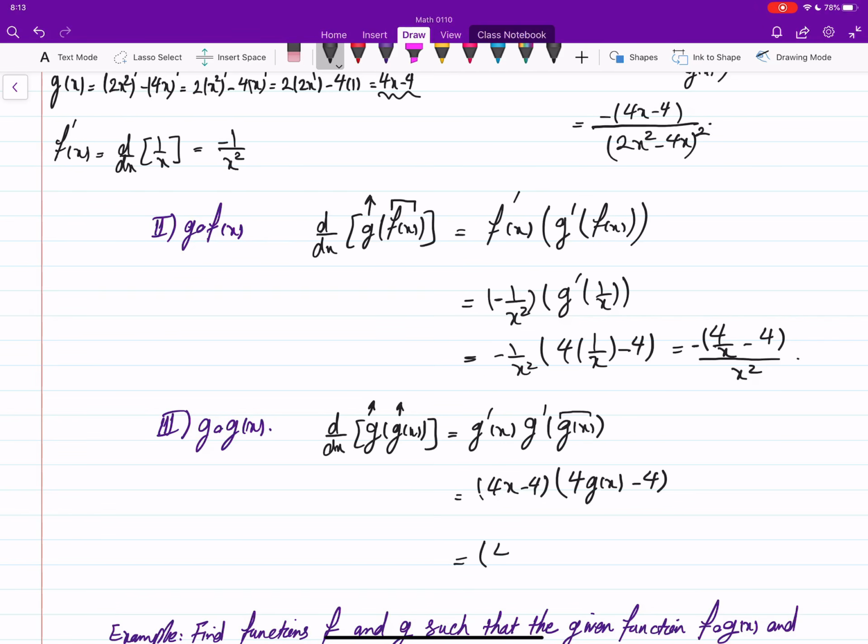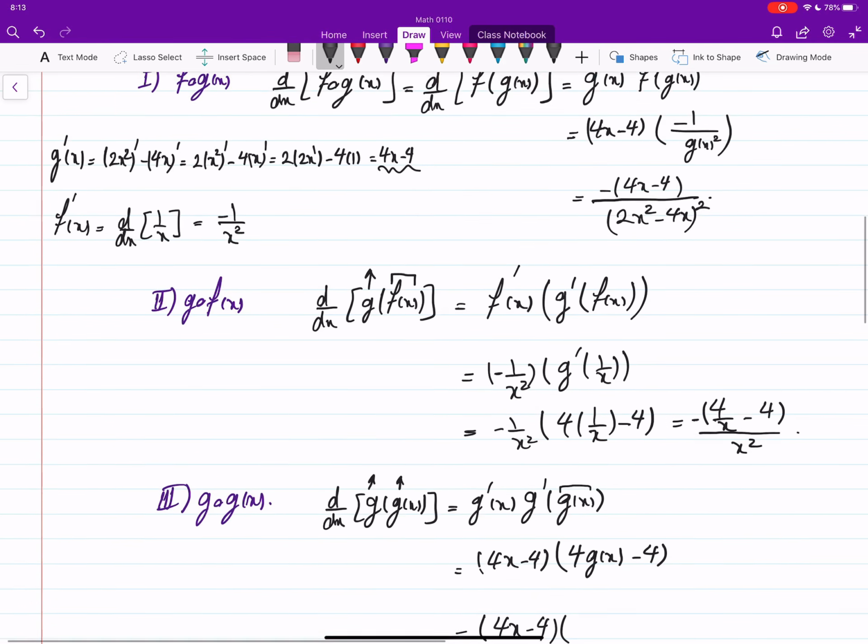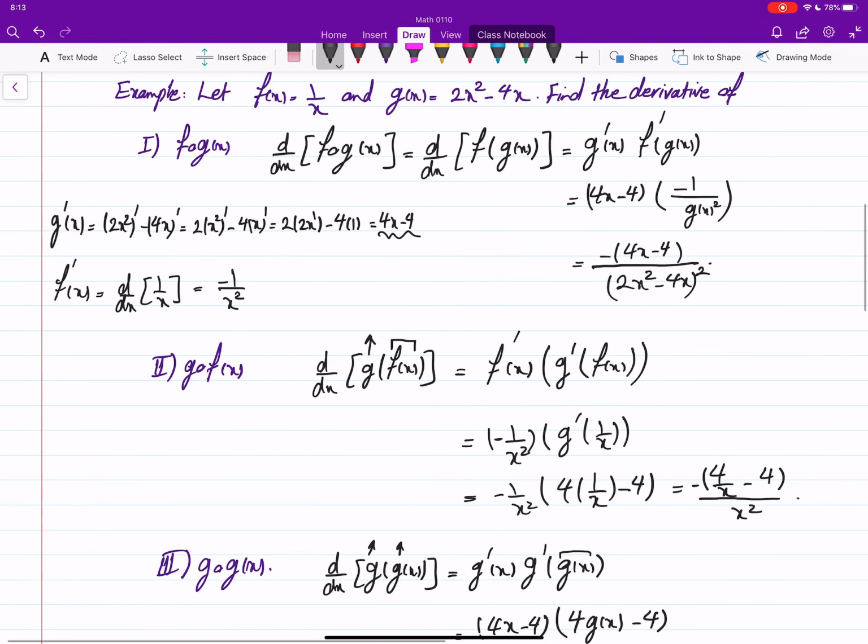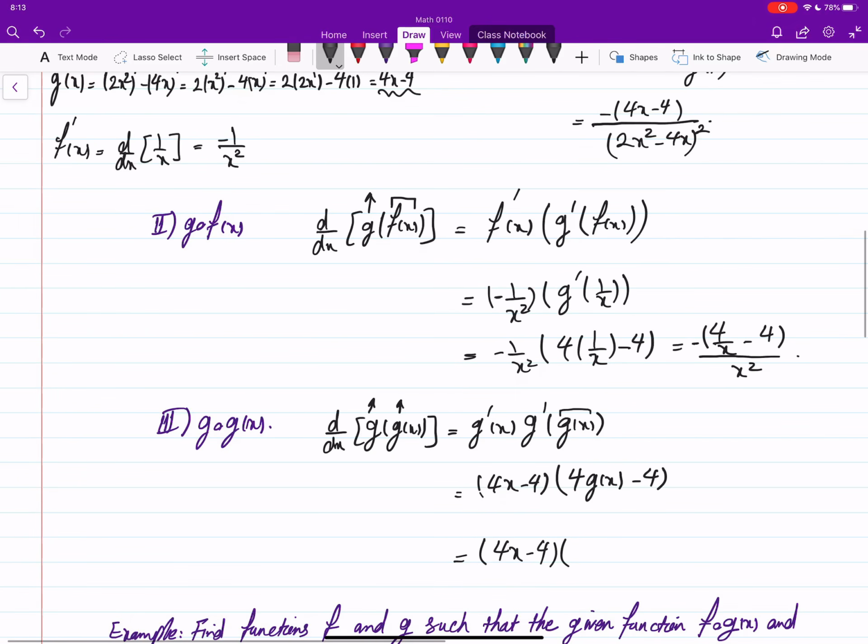And that gives us 4 times, well, g(x) is what I found up there, 2x squared minus 4x minus 4. You see, this is the g(x) that I put in there.